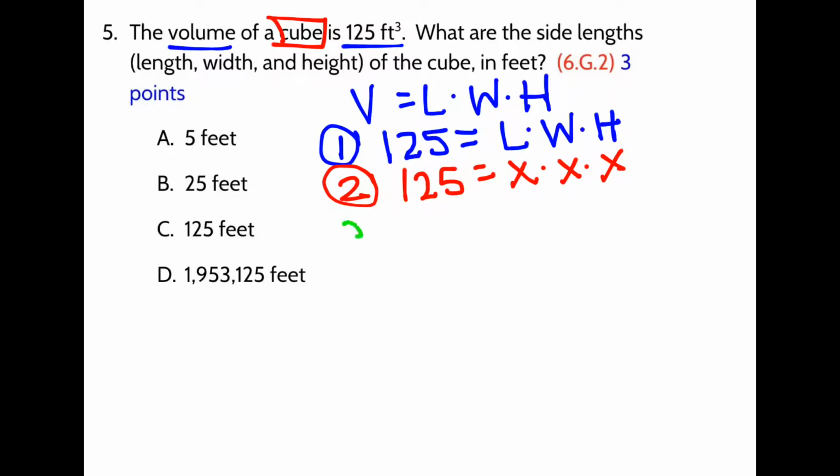Step 3, we need to plug in for X, A, B, C, and D, and multiply them 3 times themselves, to get our answer 125. When we get 125, we will know what answer to choose.